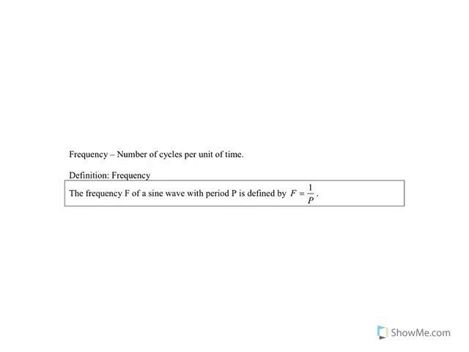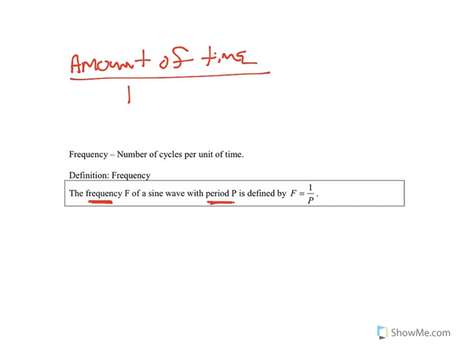And the last note is just making a connection between defining a graph, a periodic function, by its frequency versus its period length. A period is what we've been using mostly. A period is basically how long it takes to make one cycle, the amount of time per one cycle. And that's your period.